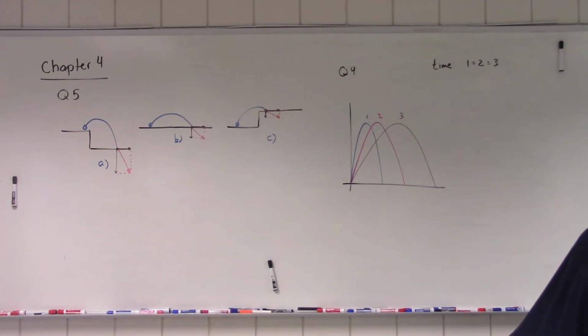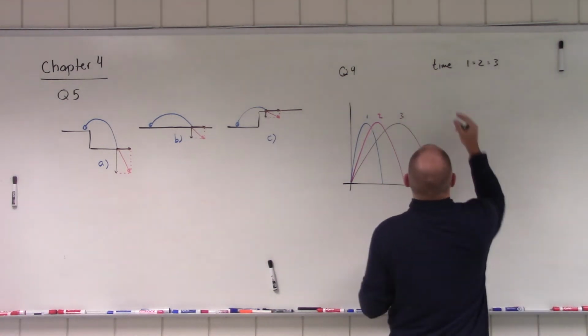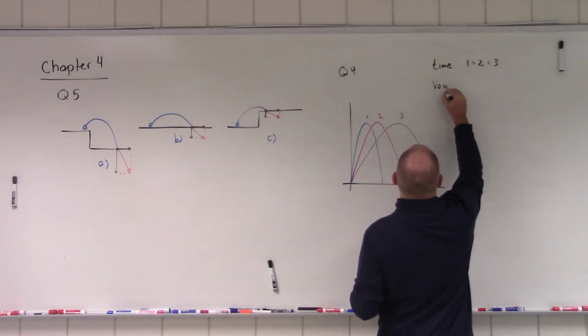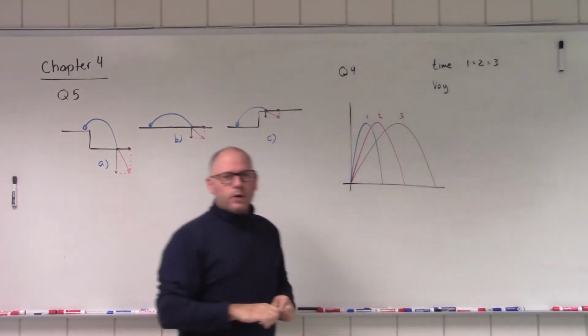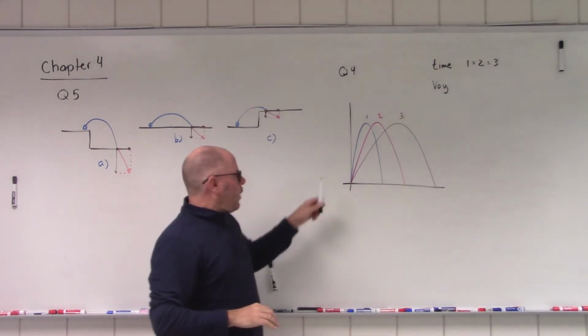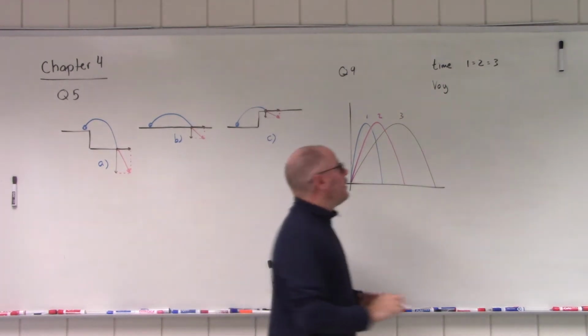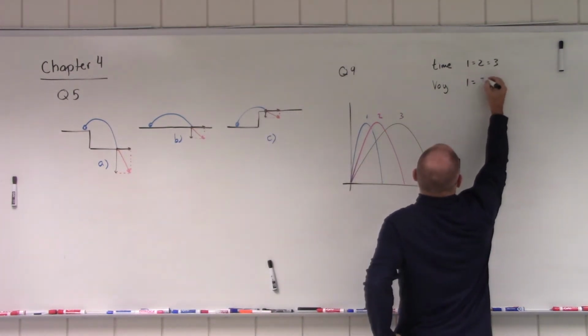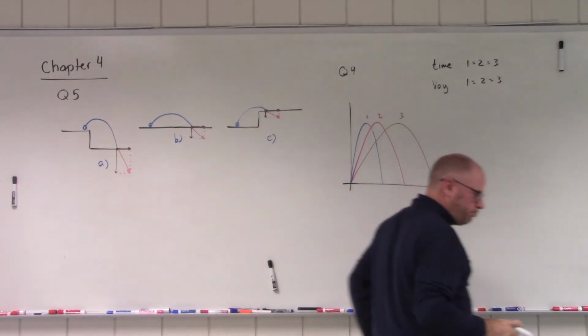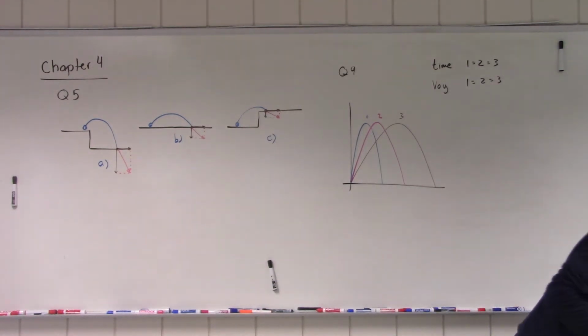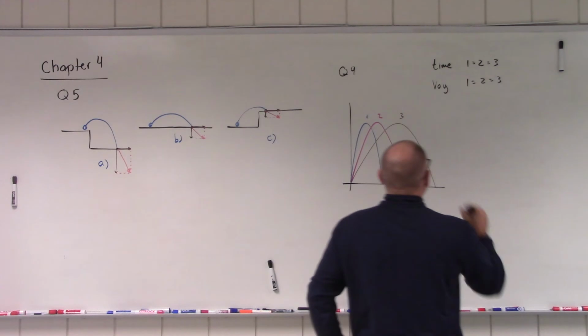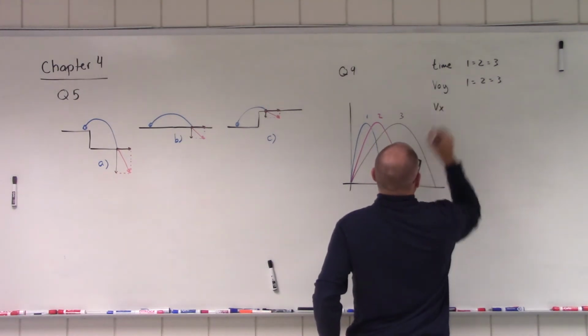B says, basically the V0y, so the initial vertical velocity component for each. What's cool about this is because they all end up at the same height, they all have the same initial vertical velocity component. 1 = 2 = 3. Horizontal velocity component, so we need the v in the x direction.